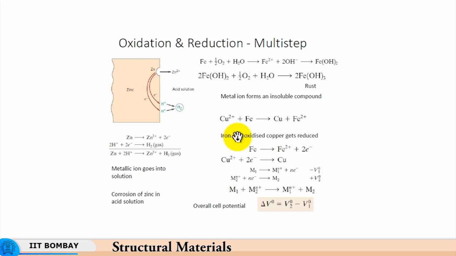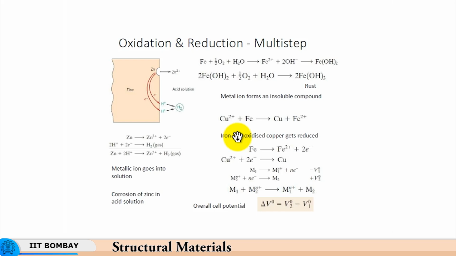So, we have seen this oxidation and reduction of metals. Now, the formation of cathode and anode does not have to happen only when there are two different metals. For example, you might have made something out of a single piece of metal like zinc. Now, you see that this region is anodic and the rest of the region is cathodic, so that the zinc goes into the acidic solution.